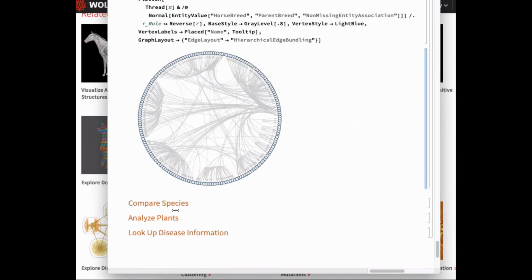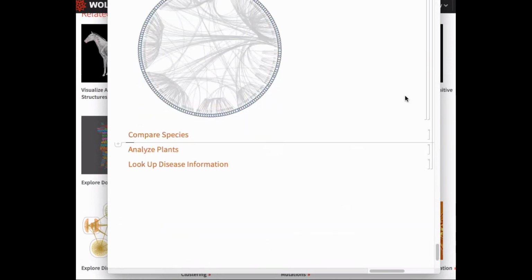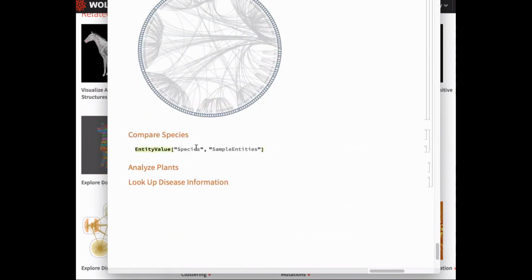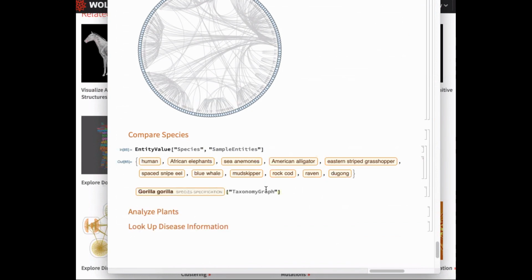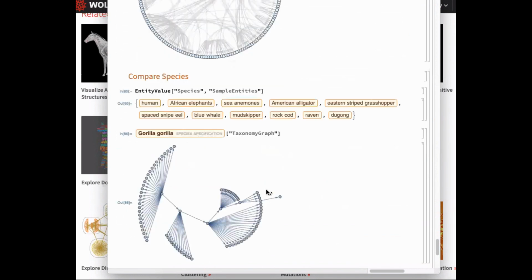And in addition to livestock breed data, we also have data on species taxonomy. And here are some sample entities. Our database contains taxonomic information for over 1 million organisms, and you can easily feed the taxonomic sequence information to the graph function and visualize the hierarchical organization of species taxa.